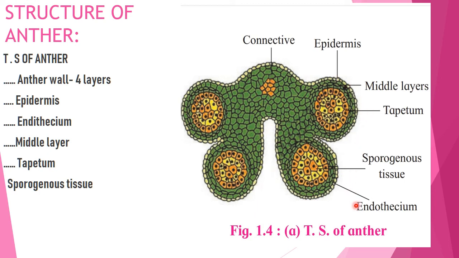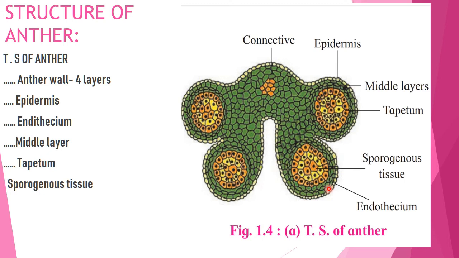And what is the second layer? Endothecium. See, here it is labeled. Endothecium means this second layer. It is made up of radially elongated cells, and they have fibrous thickenings. These fibrous thickenings are due to the presence of callose, which is a polysaccharide, and they help during the dehiscence of the anther wall.